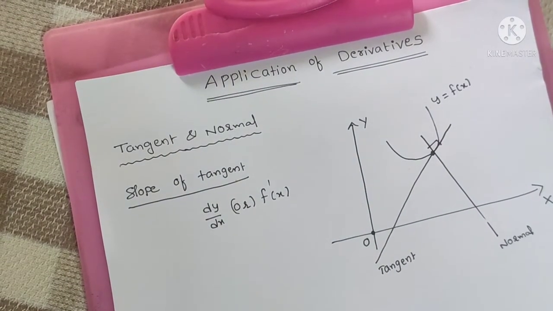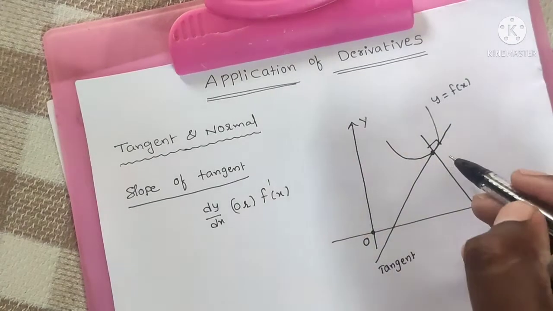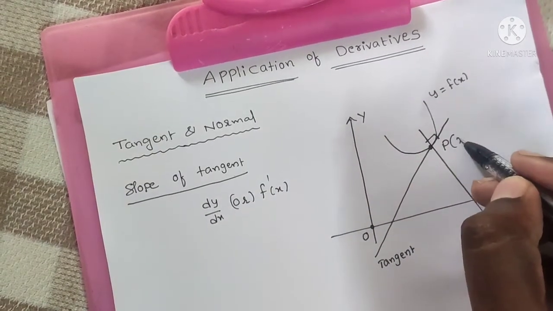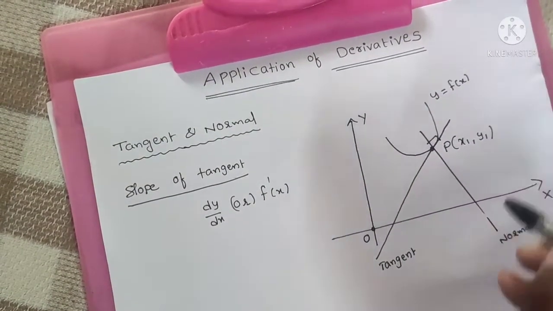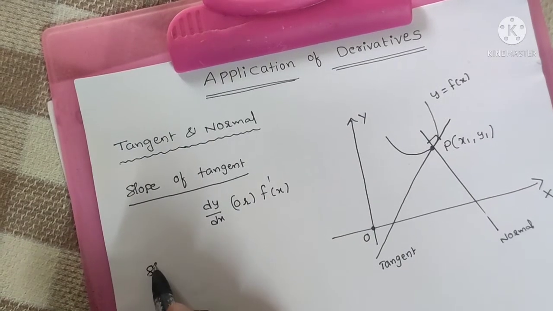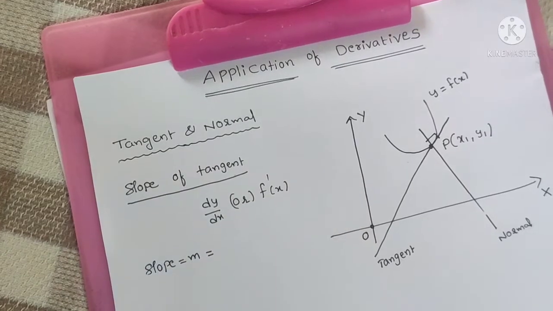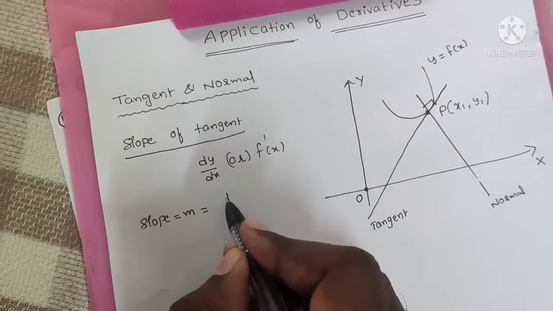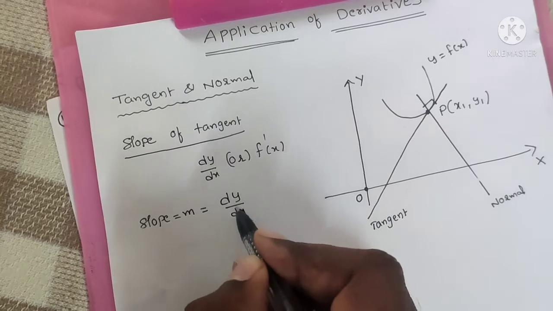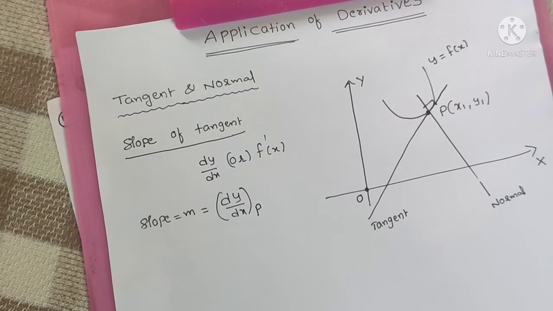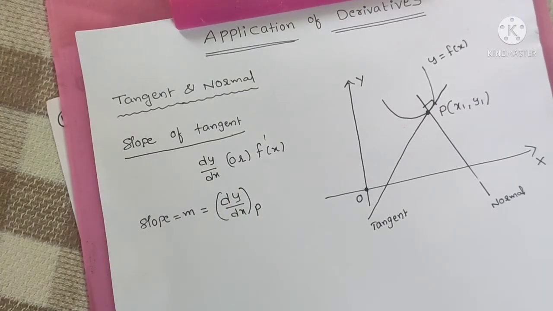In this dy by dx or f dash of x, substitute the point P. Here I take the point P as x1 comma y1. Then slope of tangent is denoted by m. The definition is dy by dx at point P, that is, we substitute the point P in dy by dx. This is slope of tangent.